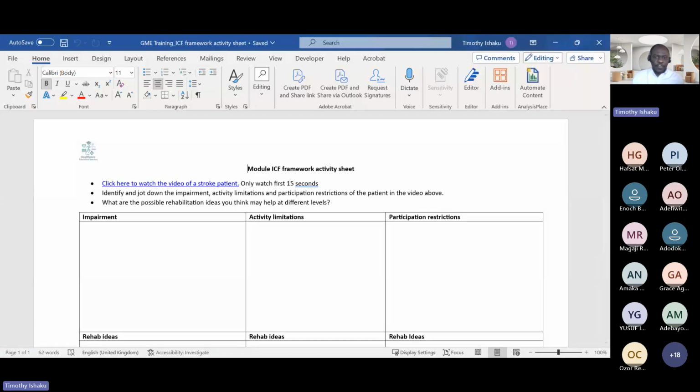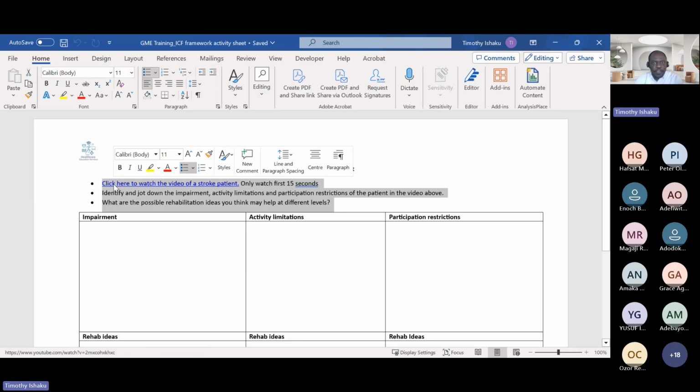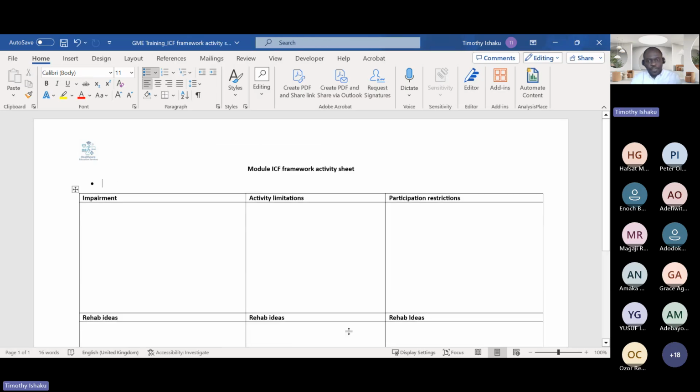So yeah, this is the screen I'm sharing. I think the instruction is: use your case. Find a case that you have used in the clinic, and then try to jot down your responses.